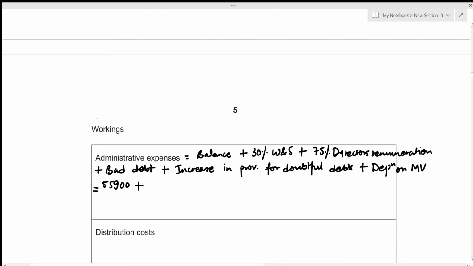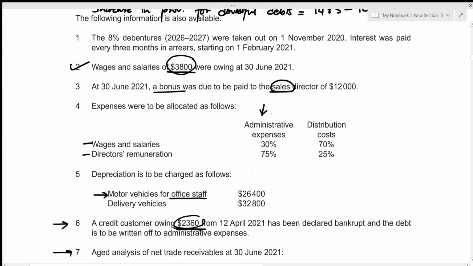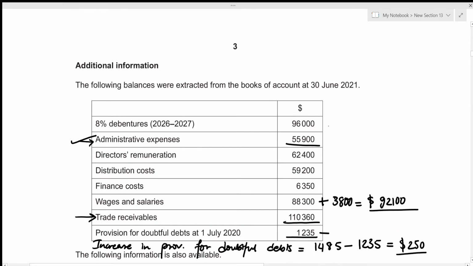So 30% can be written as 0.30. And we just multiply it with the amount of 92,100. Then 75% director's remuneration. So 75% can just be written as 0.75. And the director's remuneration was given in the above table, which was 62,400. Let's write it down.